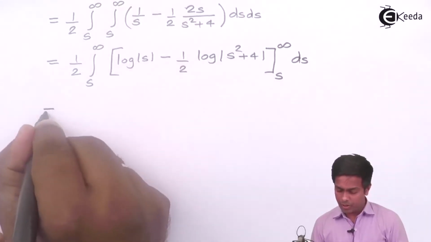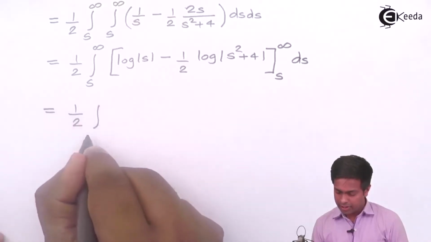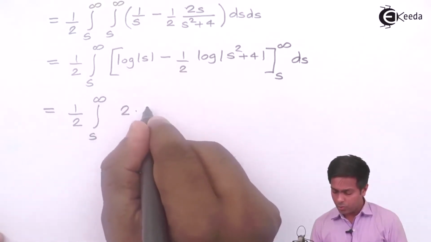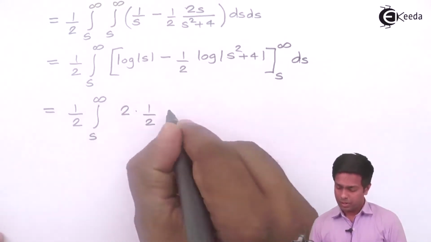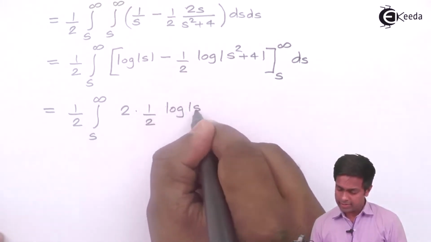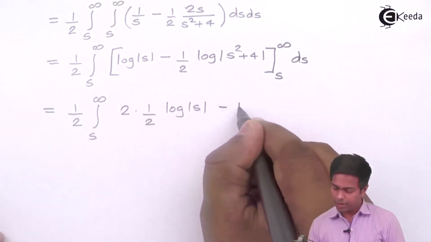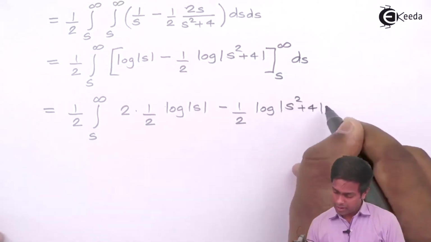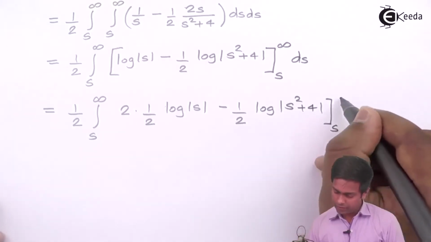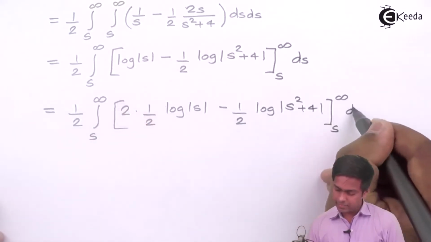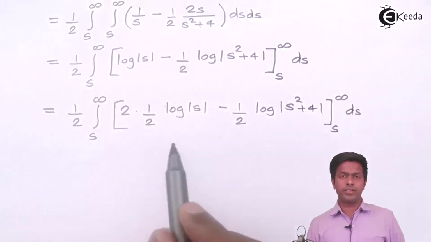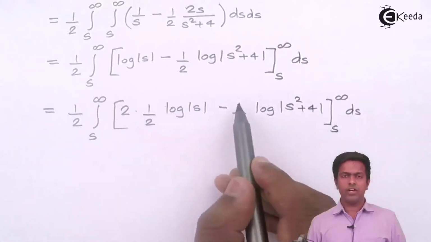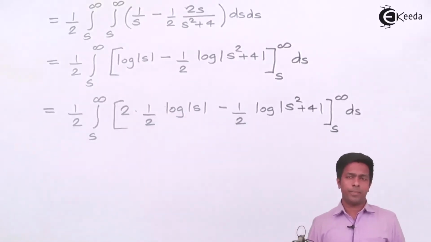So it will give me 1 upon 2 integration s to infinity, and this will become 2 into 1 by 2 log mod s minus 1 by 2 log mod s square plus 4, and this is from s to infinity ds. Now guys, what I'm doing here is, I brought half here because in the second function I have half, so I can take that half outside as a common.